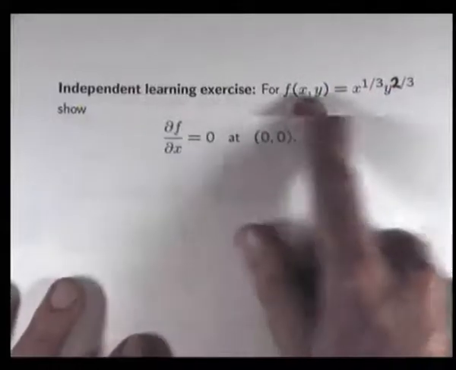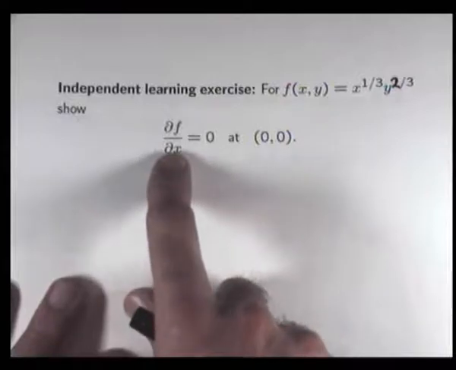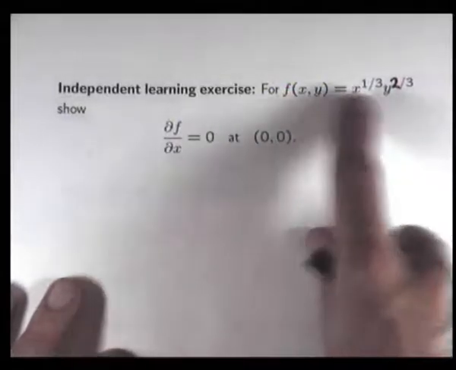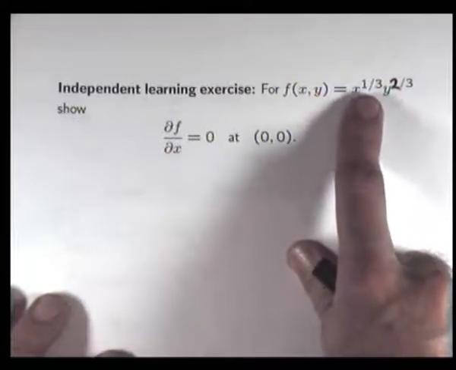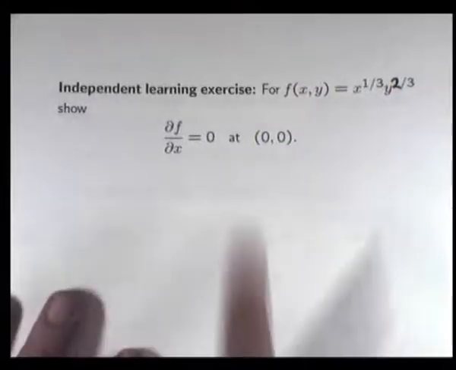Okay, here's a given function. We want to show that the partial derivative with respect to x is 0 at the origin. Now, if we hold y fixed and differentiate with respect to x, then actually we get something that's undefined because we're dividing by 0.